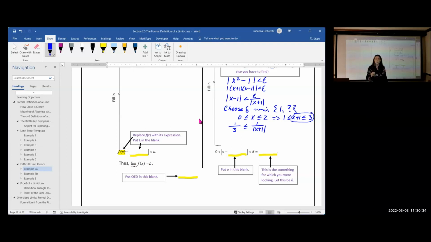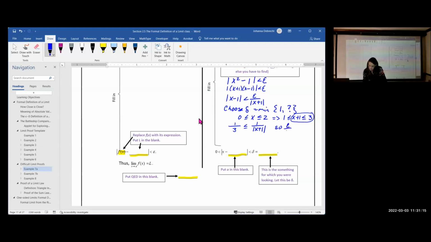Notice that the sense of the inequality has been reversed because x is on the opposite side of the inequality, but we did it without having to reverse the symbol because I did not divide by a negative, I divided by a positive. Now that I know that this 1 over x plus 1 is greater than or equal to 1/3, I can replace that up here, and I can say that epsilon over the absolute value of x plus 1 has to be greater than or equal to epsilon over 3.